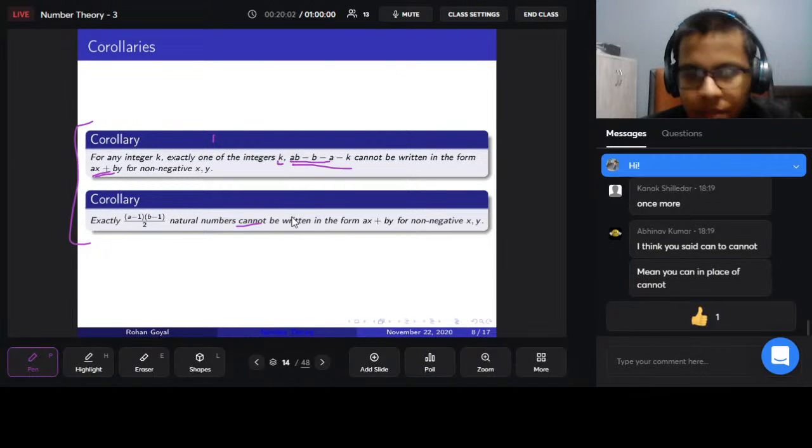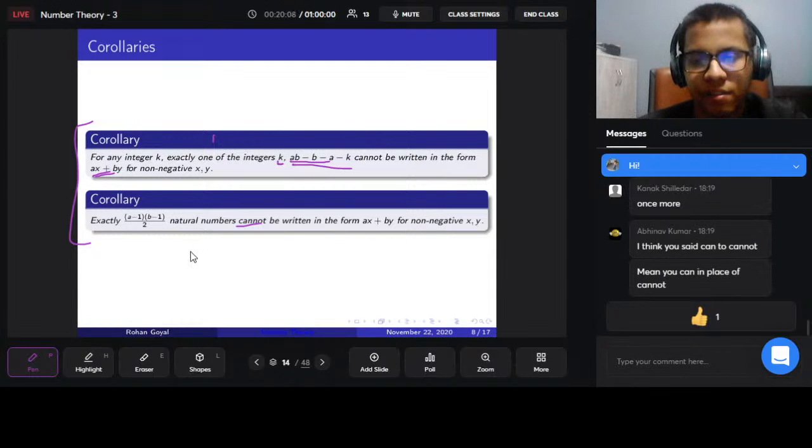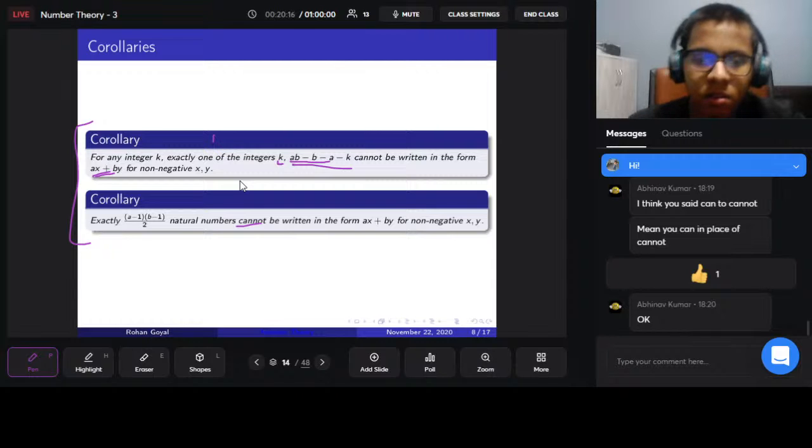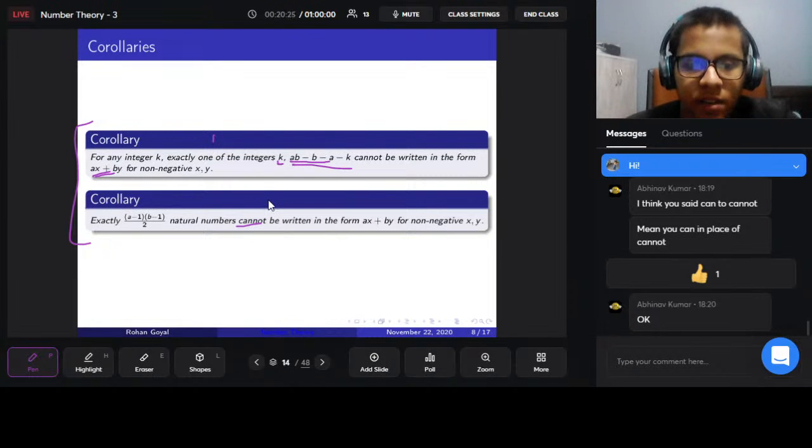If you change it to can, I can just pick arbitrarily large x and y, and I get infinitely many numbers which can be written in this format. We care about the numbers we cannot write in this format, because large enough numbers we can just write.